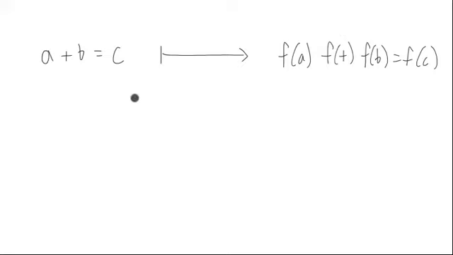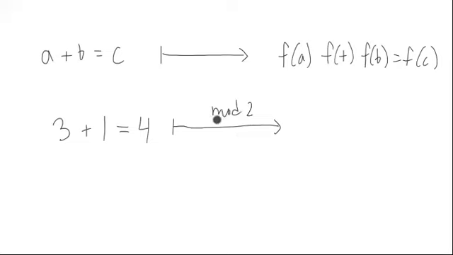A nice example for this would be in modular arithmetic. Suppose we have something like 3 plus 1 is equal to 4. And suppose that we have a function that reduces mod 2.